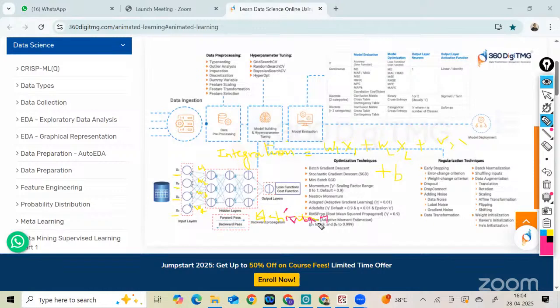In the integration function, we do a dot product of the weights with respect to the inputs, plus one bias. Within the activation function, we have binary classification problems, as you all know, with e to the power minus z.